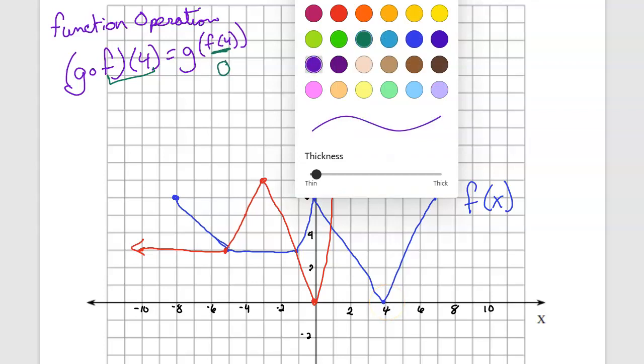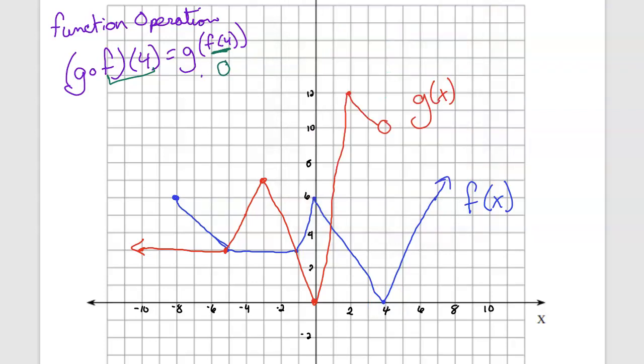Then I'm not finding g at 4. I'm actually finding g at 0, whatever that y value was. So I'm going to go to g, and at 0, g is actually at 0. So this is my solution.